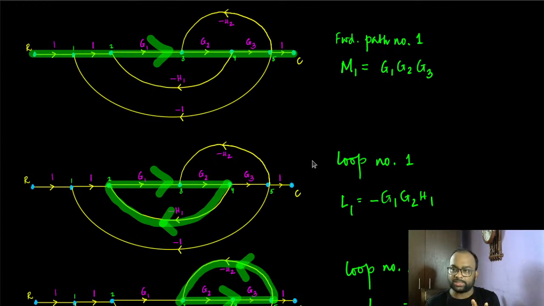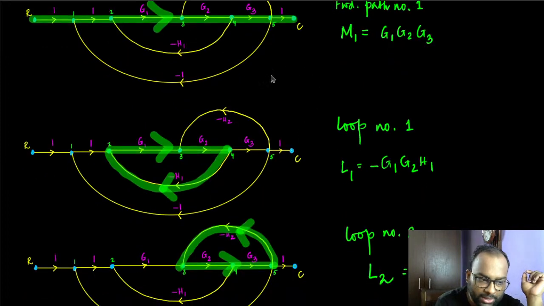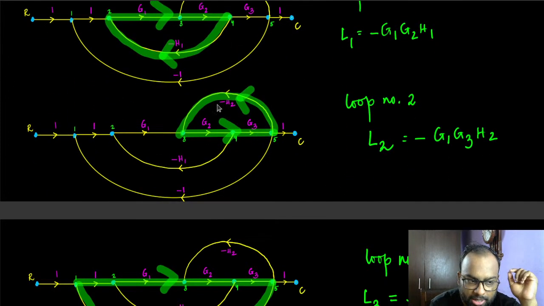For anything that qualifies as a path, you cannot travel the same edge twice. Remember that we travel through all the edges only once, in all these cases. And a closed path is a loop.